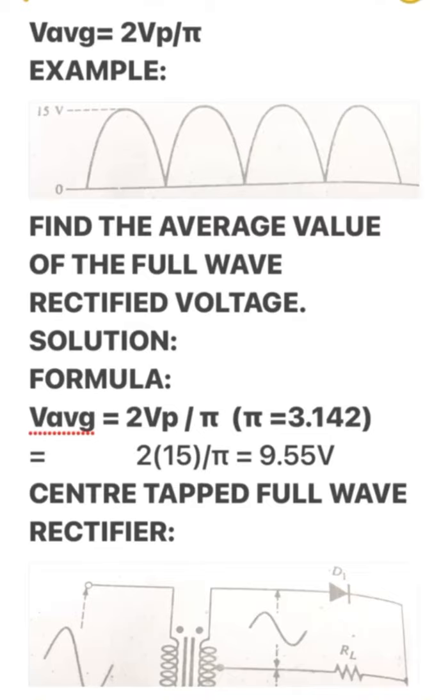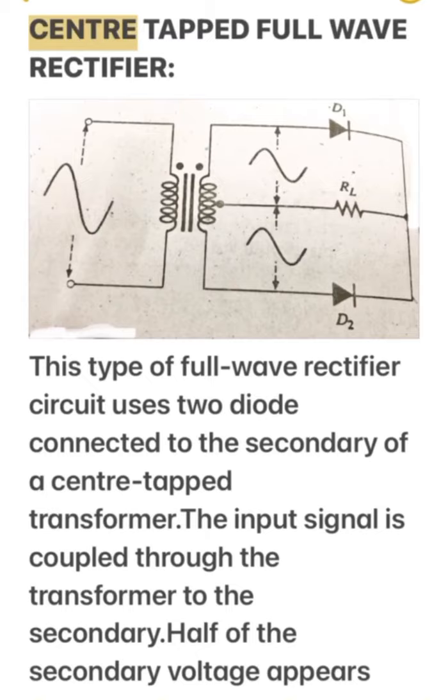So the peak voltage is 15, and then 2 multiplied by 15 upon pi equal to 9.55.